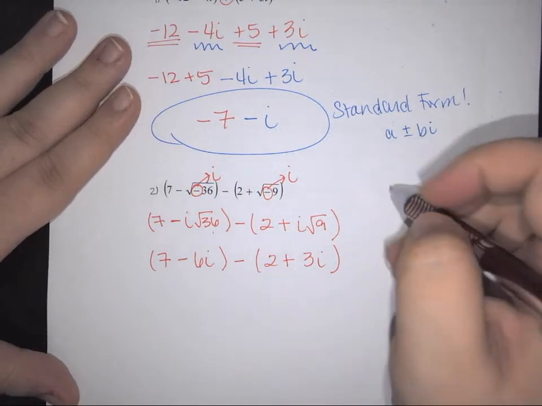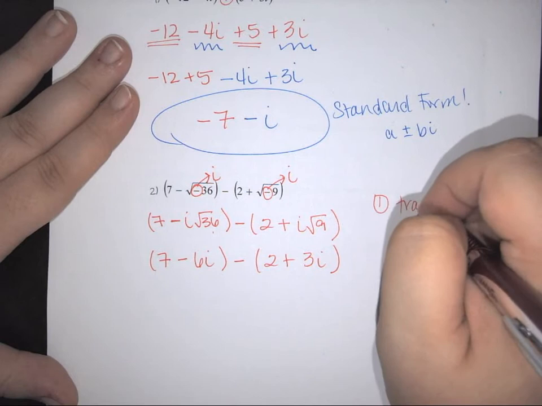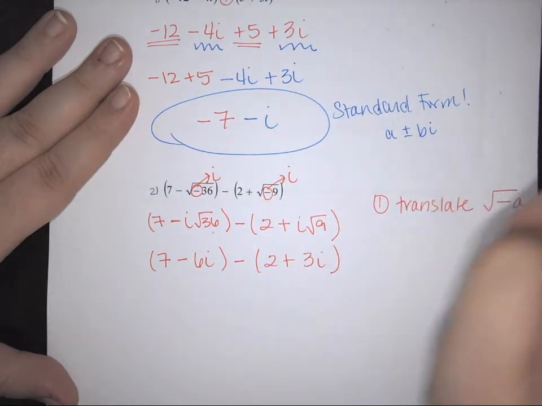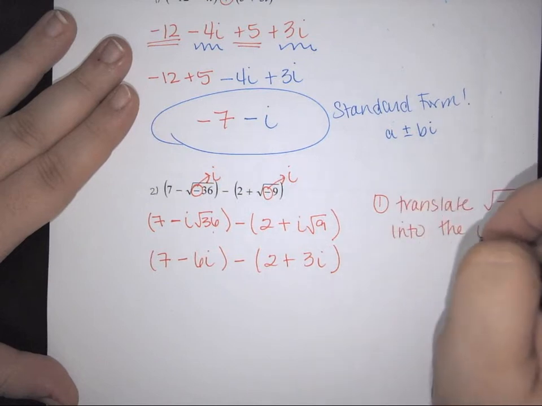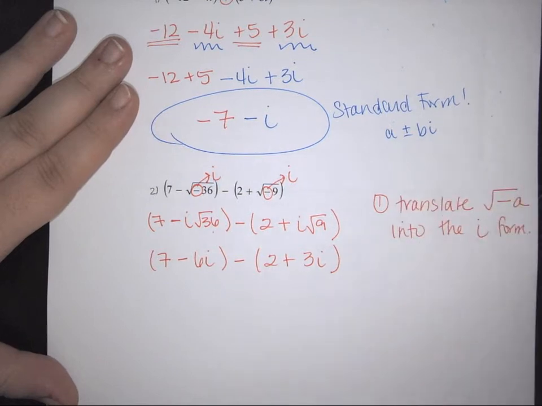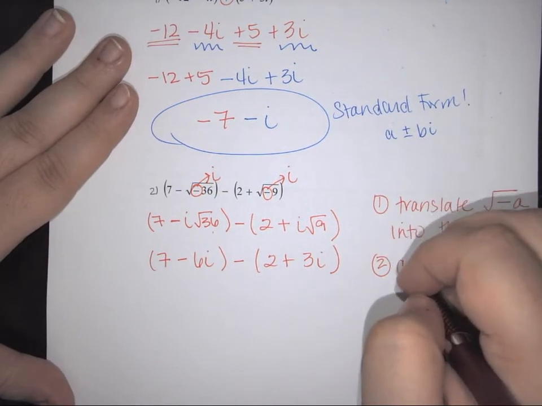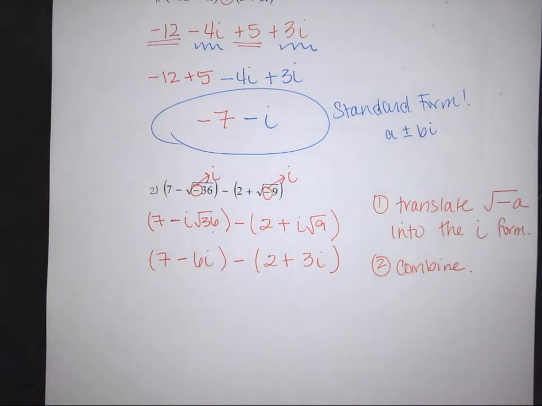Okay, so here, the first thing we had to do is translate the negative radical into the i form. Then the second thing that you are going to do is combine, i.e. perform the operation given.